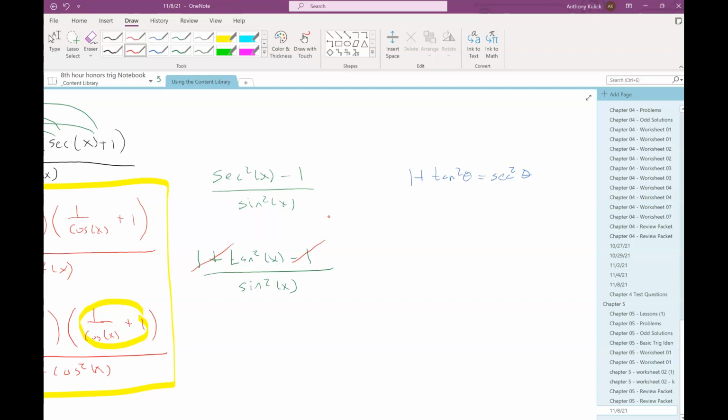That makes simplifying much, much easier if everything is just multiplication, because then we can just do some normal stuff here. I'm going to think about this now as tangent squared theta times 1 over sine squared theta, so that it'll be easy to line things up to cancel out. And now I'm going to rewrite tangent squared as sine squared over cosine squared.